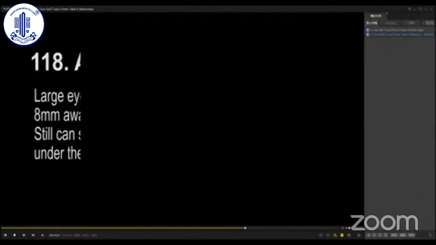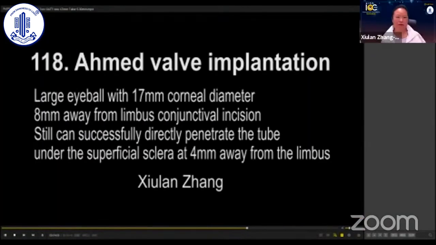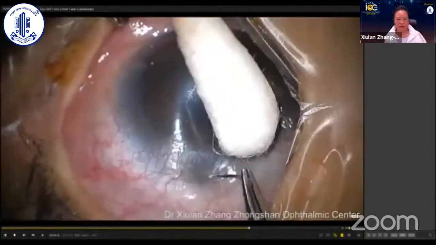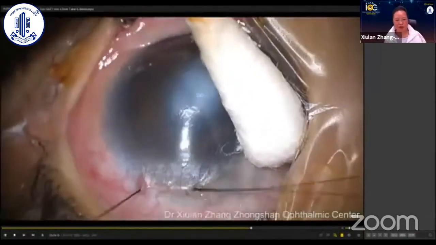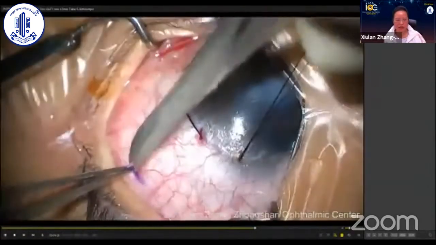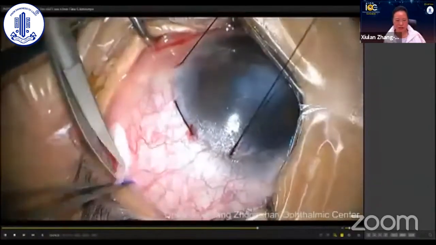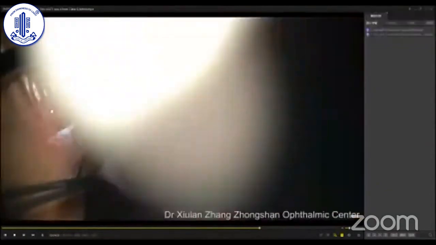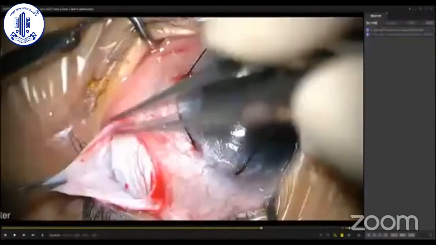Okay, the last one is the armored tube. This is a very big eyeball. You see the sclera is very thin. This is 8 mm away from the limbus.